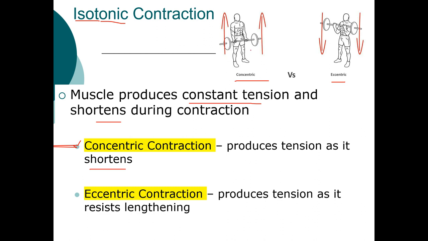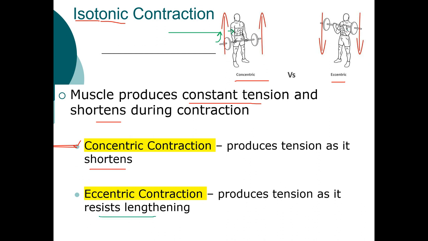As this guy up here is, let me change colors a little bit so you can see, as this guy up here is moving that weight up, he is contracting his biceps brachii muscle. That's a concentric contraction. Now, eccentric contraction is going to produce tension and resist lengthening.